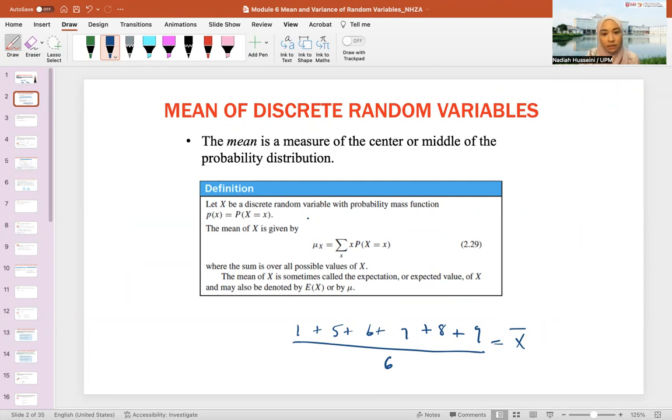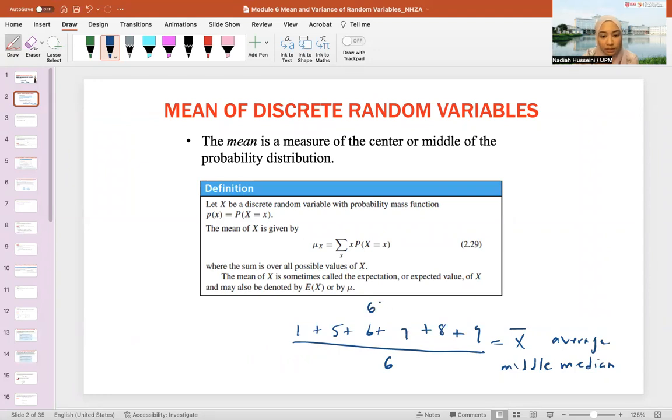So it still means the measure of the center or the middle. Sorry, previously we talked about x as the average. It's not the middle. The middle was the median. Remember, the median was the middle of the sample space. For example, you have 1, 5, 6, 7, 8, 9. The median would be the middle of these numbers, which is 6 and 7.